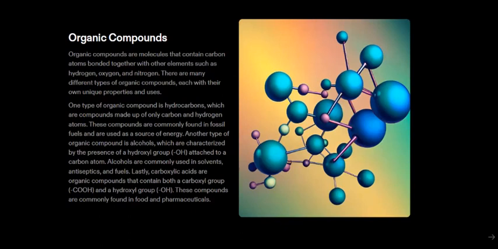Now we're going to talk about alcohols, alkanes, alkenes. These words might be new to you, but they are quite common if you concentrate. Alcohols are commonly used as solvents, antiseptics, and fuels. Carboxylic acids are organic compounds that contain both a carboxyl group and a hydroxyl group. These compounds are commonly found in food and pharmaceuticals.